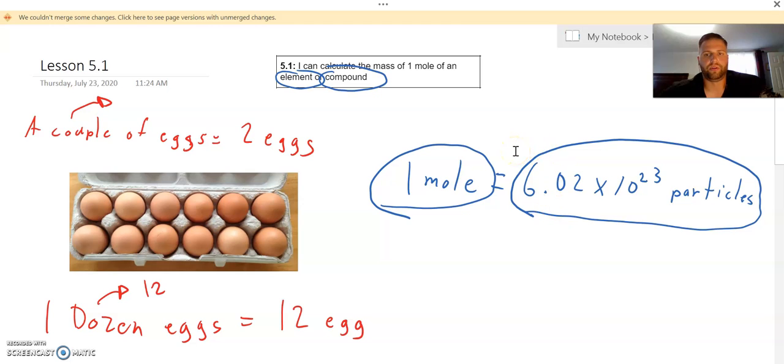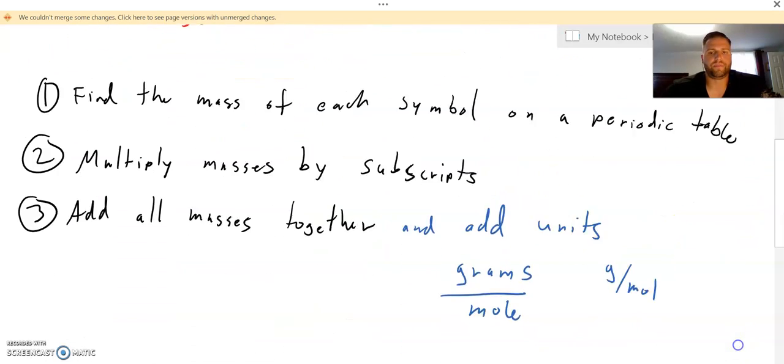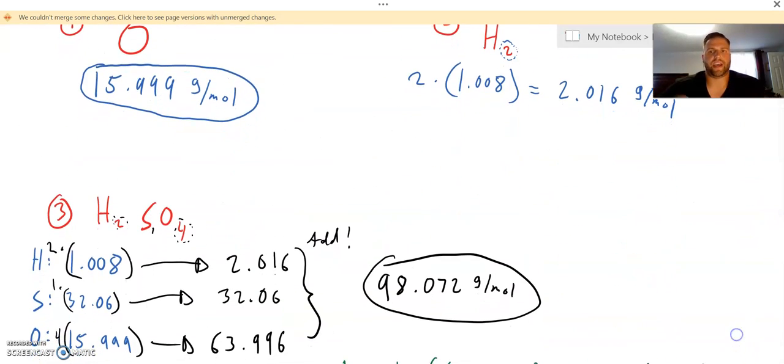And remember, 1 mole is equal to 6.02 times 10 to the 23. So each one of these answers is so this is a mole of oxygen, this is a mole of H2, and then this was 1 mole of sulfuric acid.